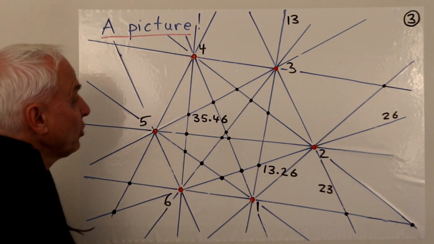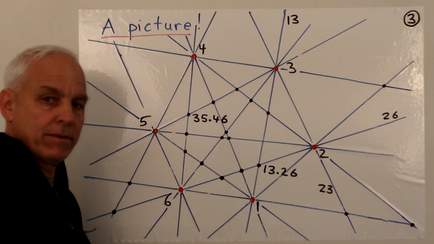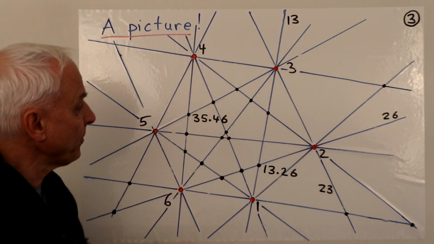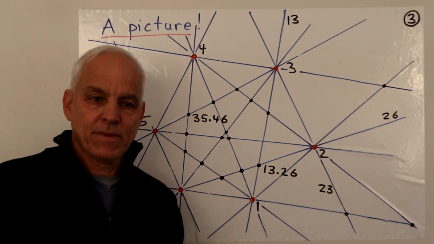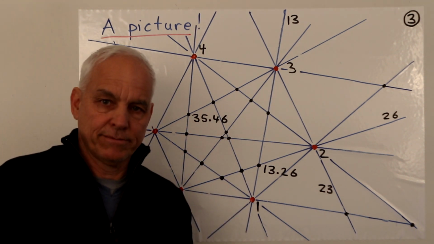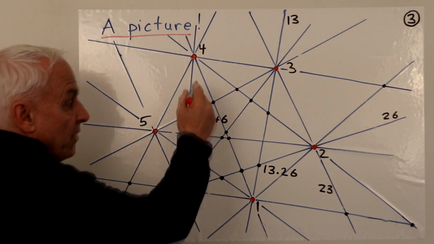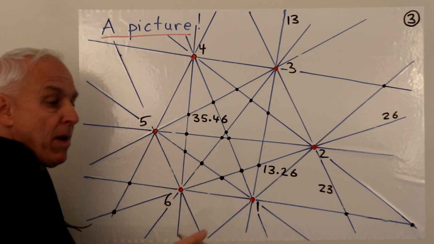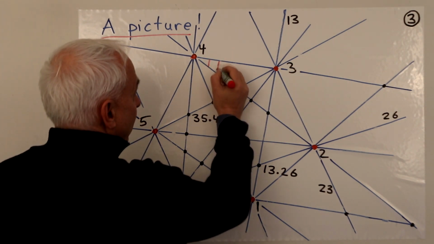That's a kind of natural extension of looking at pairs of nodes. So for example, we could look at the set 2, 3, 4. That set of points. And how could we represent that set with a geometrical object? Well, one thing that is reasonably natural to do is to consider the triangle formed by those three nodes. This triangle right here.